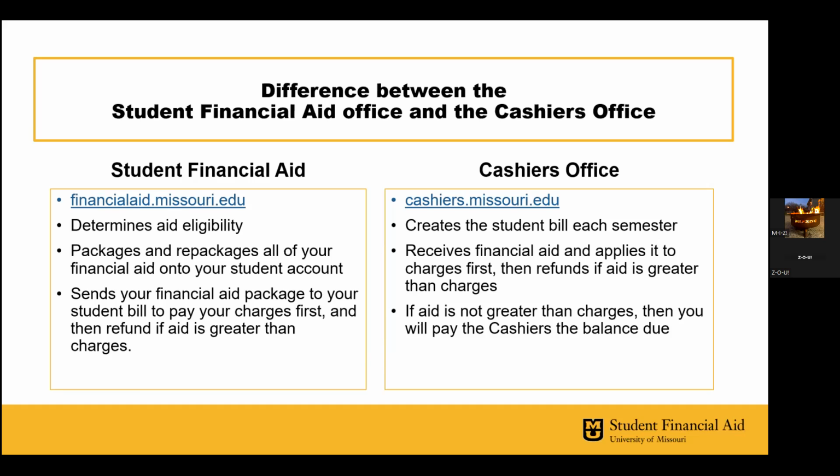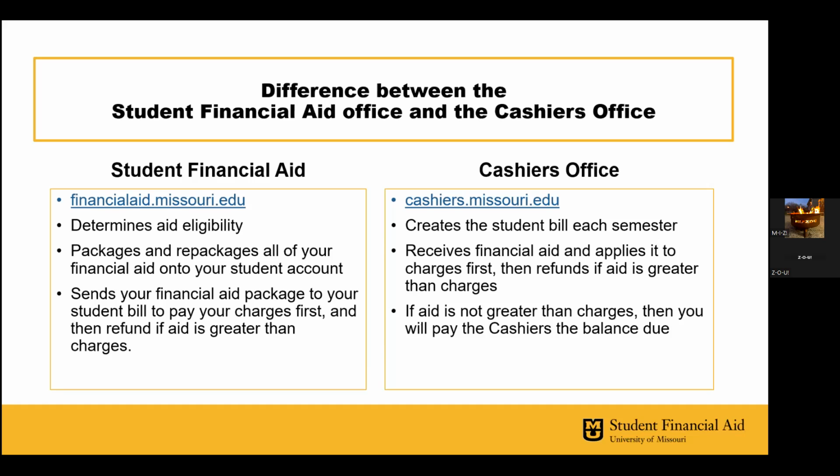That's through a program called TouchNet. So if you're not familiar with that, I encourage you to go out to the cashier's website and explore that. Read through their policies and their payment options. I know that they're going to be coming out with some new information very soon on when bills are going to be due, and we're going to talk about that in a second as well.